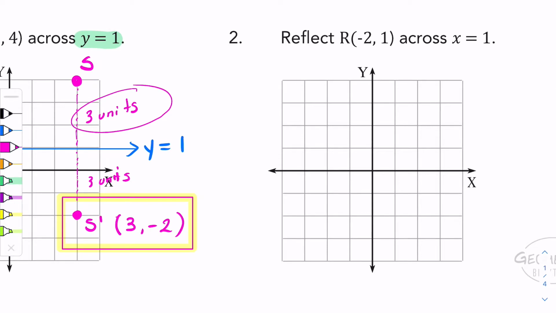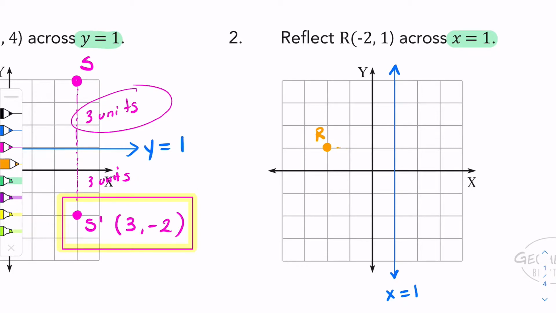For number 2, we're reflecting point R across the line x equals 1. Point R is at -2, 1, and the line x equals 1. So x equals 1 is the line in the coordinate plane where every x value on that line is equal to 1, and that is this line here.